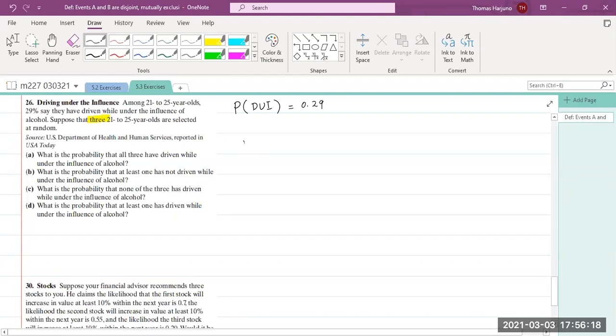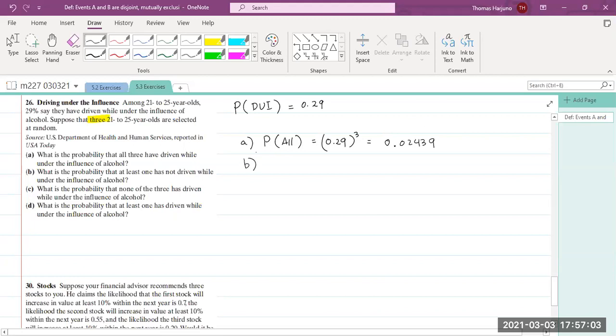Find the probability that all 3 have driven while under the influence of alcohol. So the first person, 29%, the second person, 29%, the third person also 29%. That is the probability that all 3, so you randomly select 3 and all 3 have that DUI history. Then that will be 0.02439. It comes from 0.29 cubed.